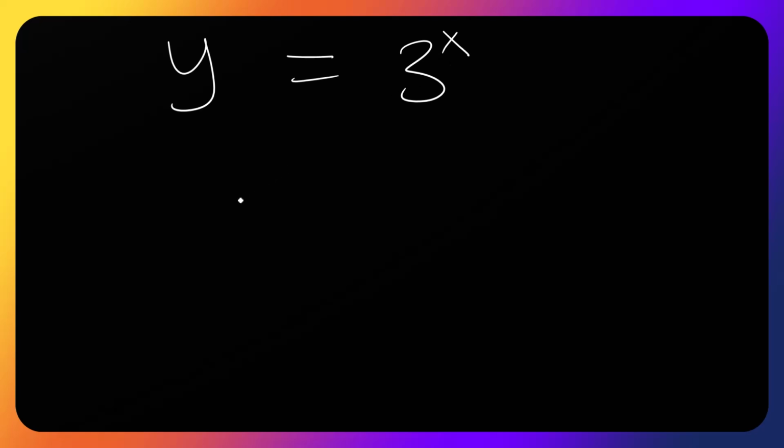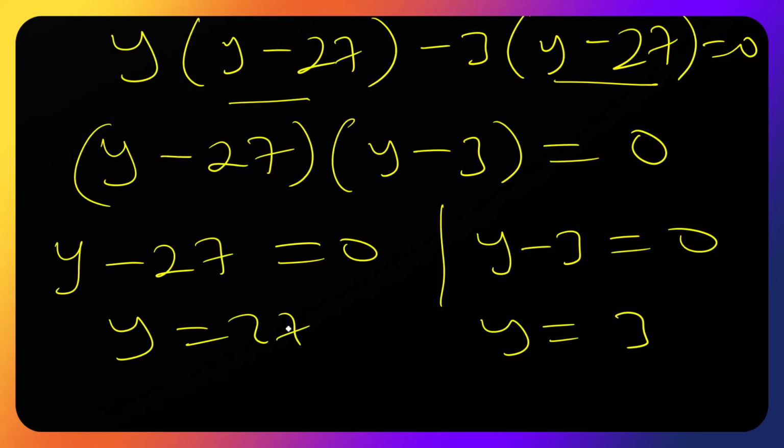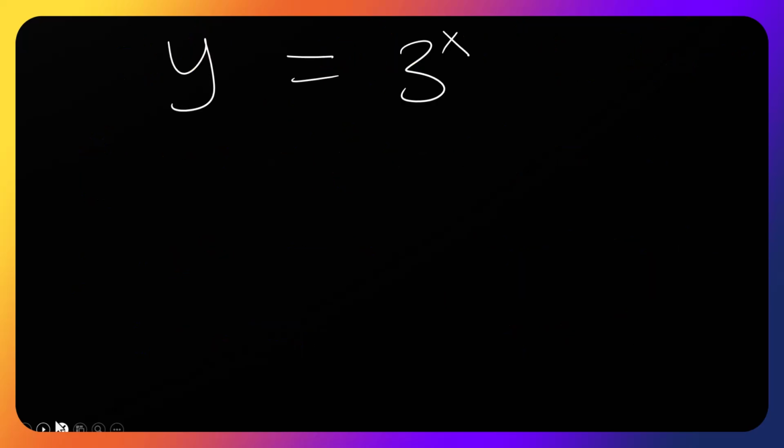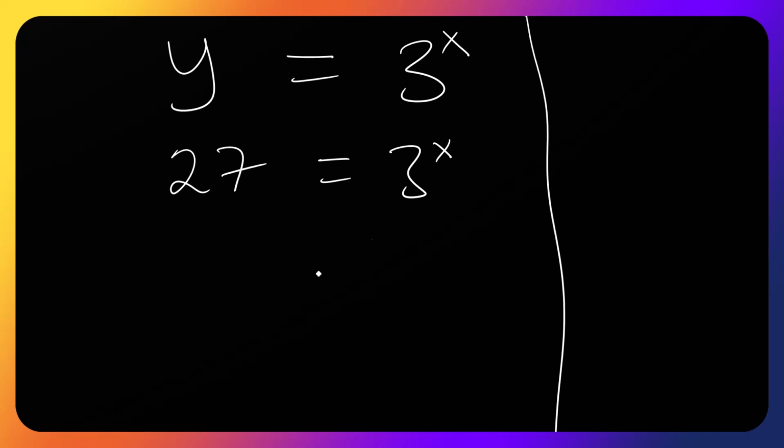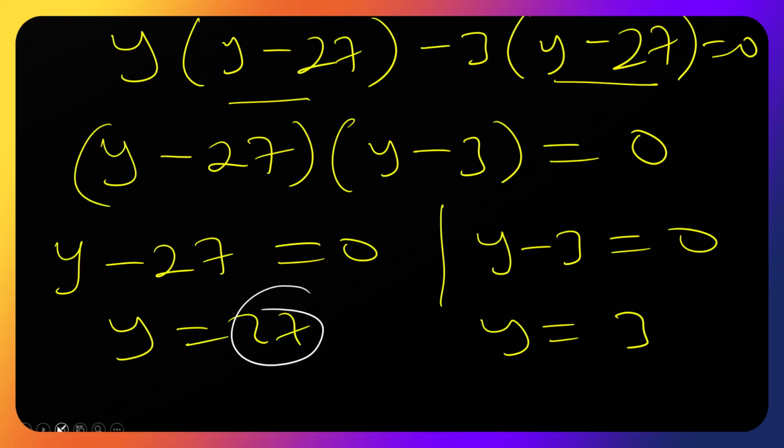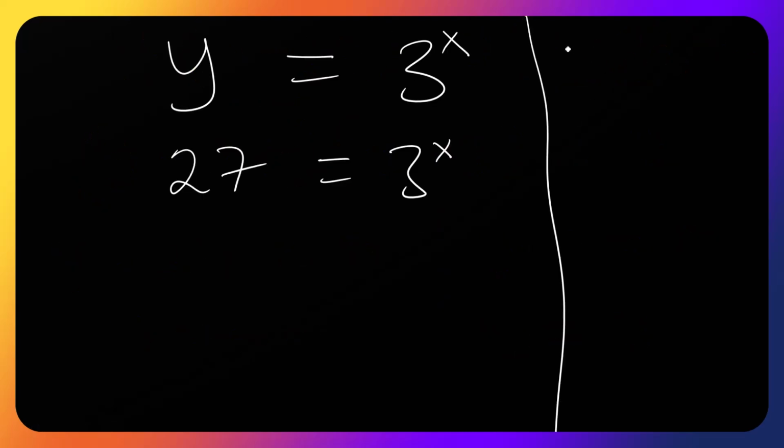So let's look for the first answer for y when y is 27. So I'll put 27 equals 3 to the power of x. And the other one, let's solve it along: 3 equals 3 to the power of x. So this side is 3.